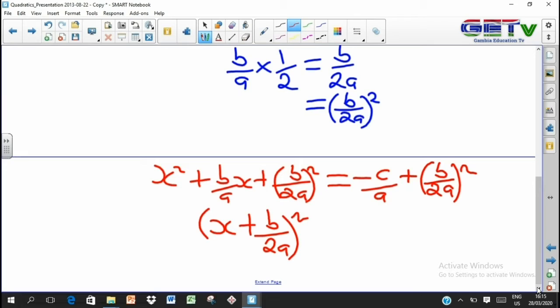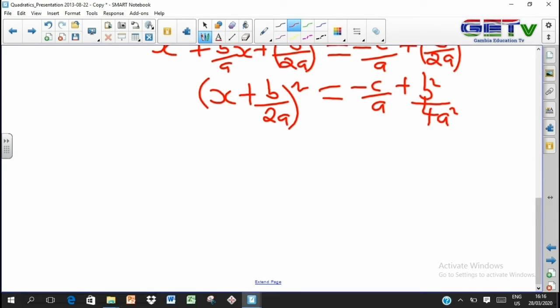I don't need to emphasize that because we have been doing it in our previous lessons again and again. This is going to be equal to, if you simplify what is on the right-hand side, negative c over a plus, the square is affecting both the numerator and the denominator, and that will give us b squared all over 2a squared, which gives 4a squared.